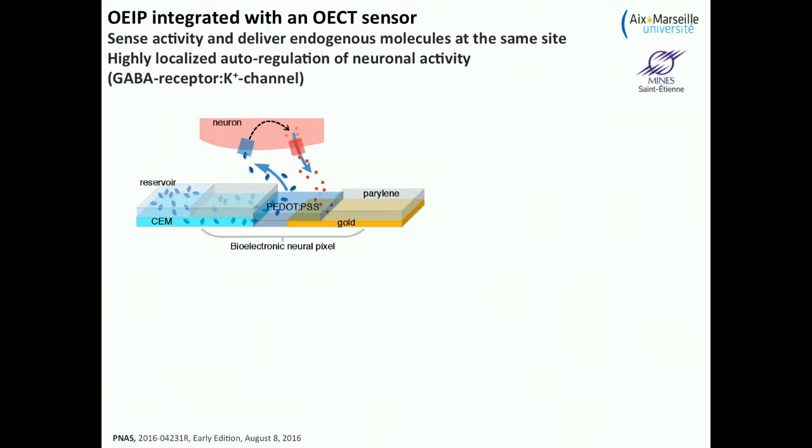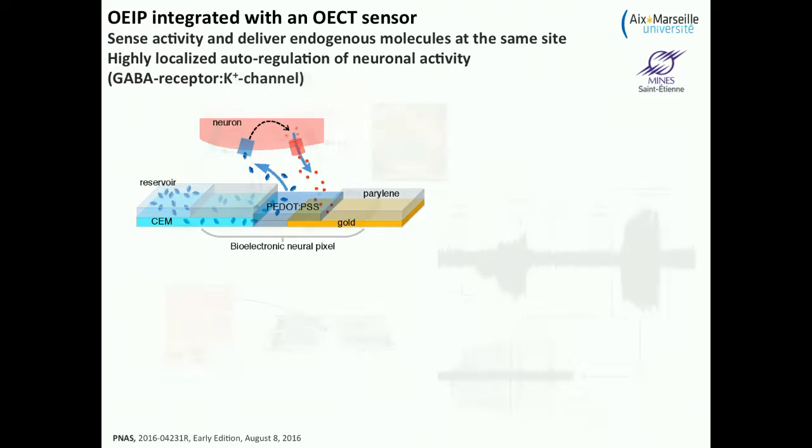How can you achieve that? Together with Georges Malliaras's team at EMC in France, we combined their sensing technique with our ion pump. This very same electrode which is performing sensing is also the outlet point for the neurotransmitter that we are pumping.